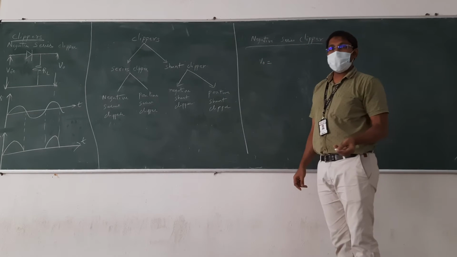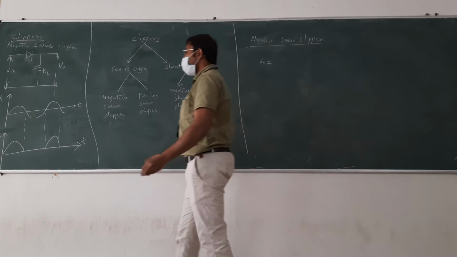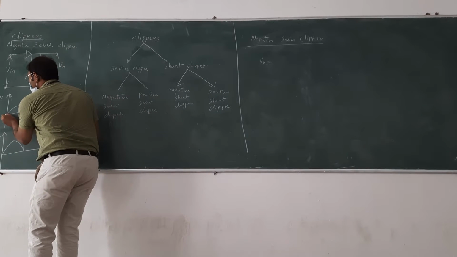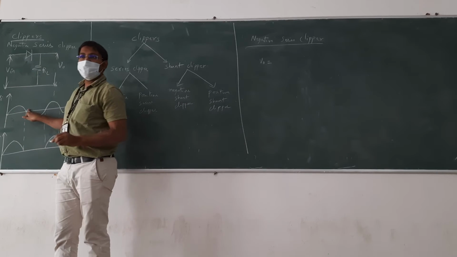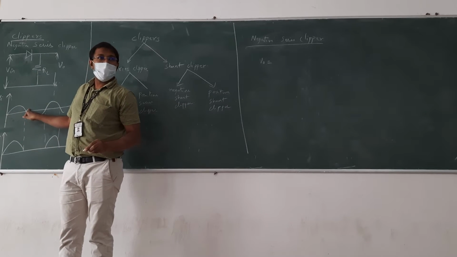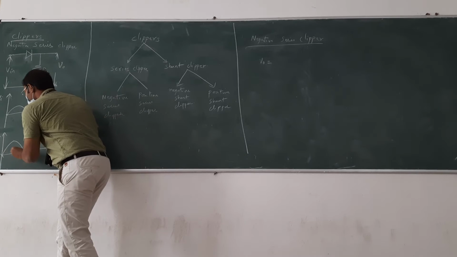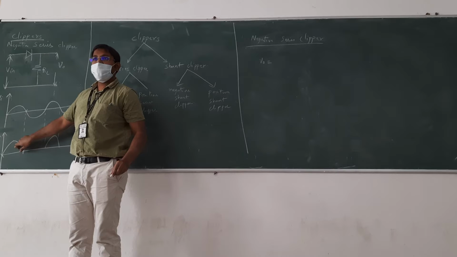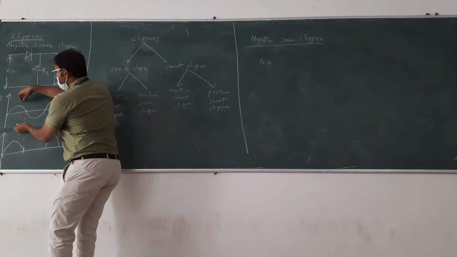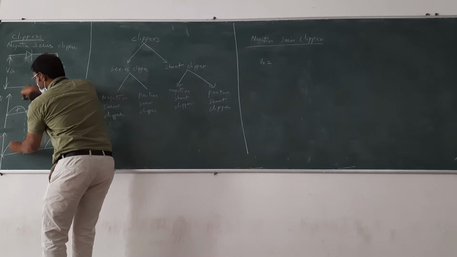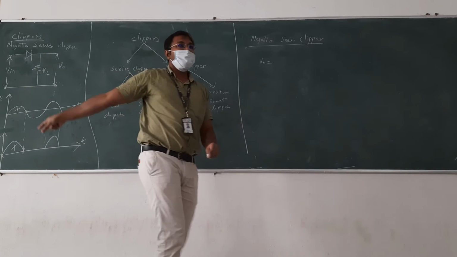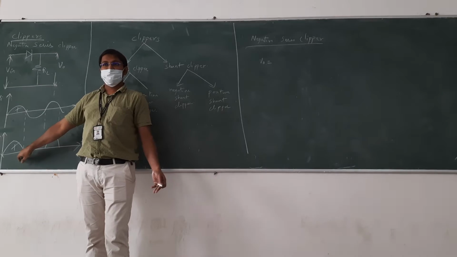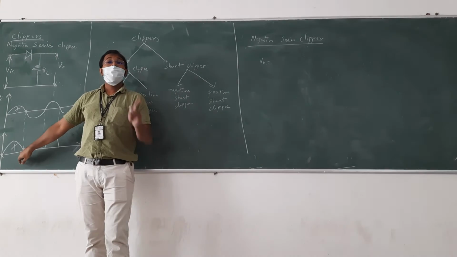We have to take it from this point to this point. What do you think is the relation between V0 and Vi? For the positive half cycle, what is the V0 and Vi relation? They are equal.